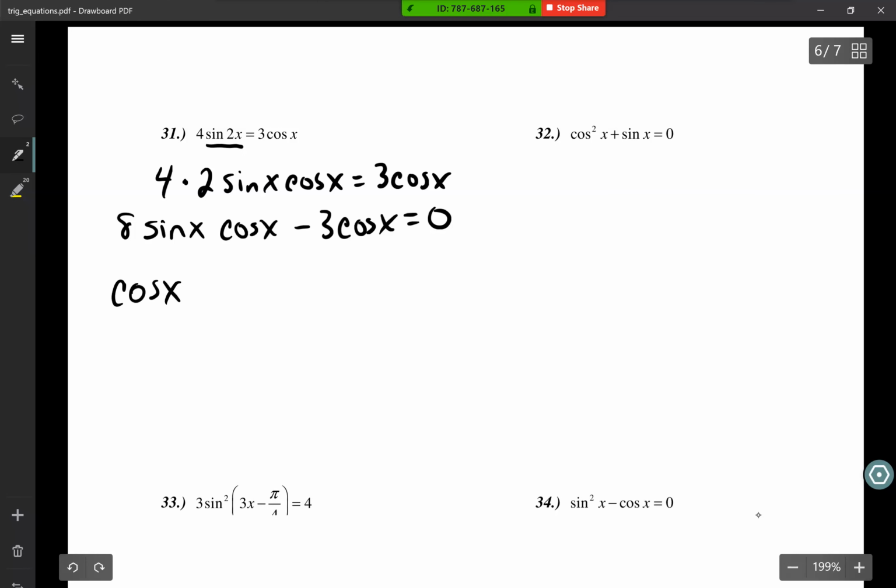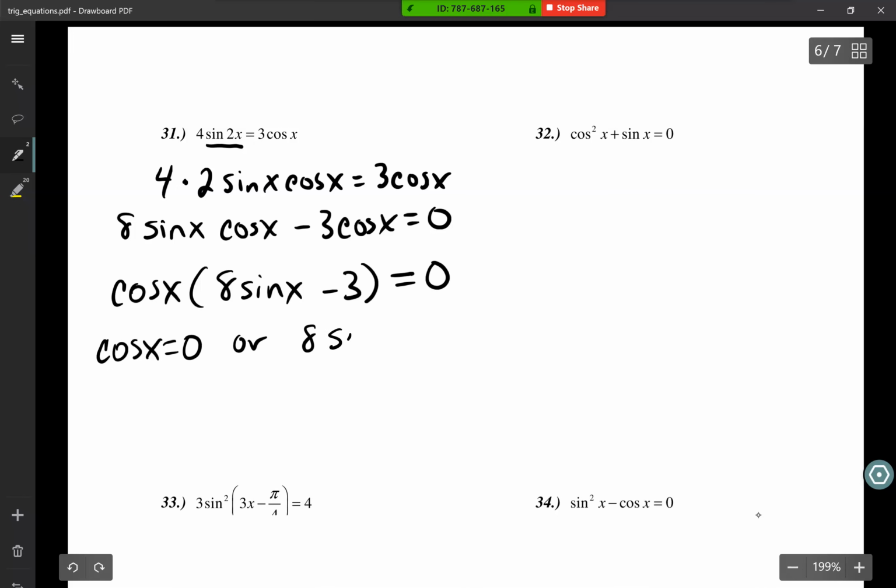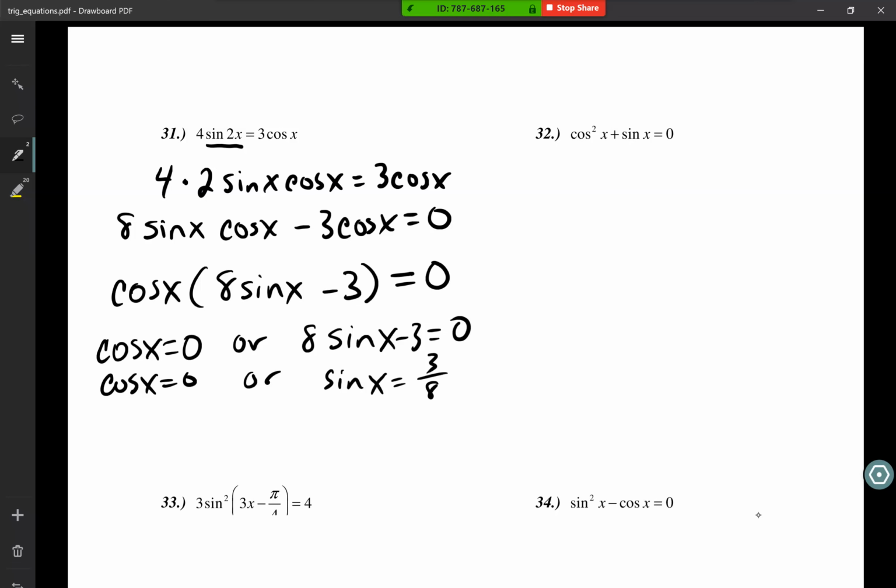We can factor a cosine x out of both pieces. We can set each piece equal to 0 now. So the second one, if we isolate the sine, we get sine of x is equal to 3 over 8.